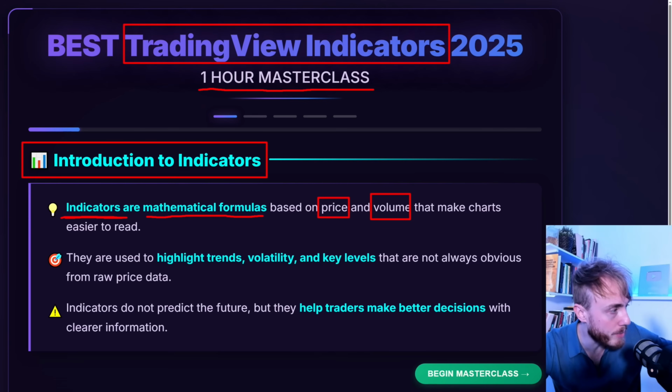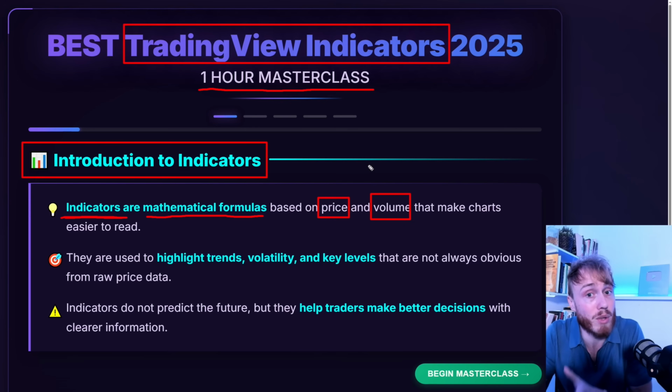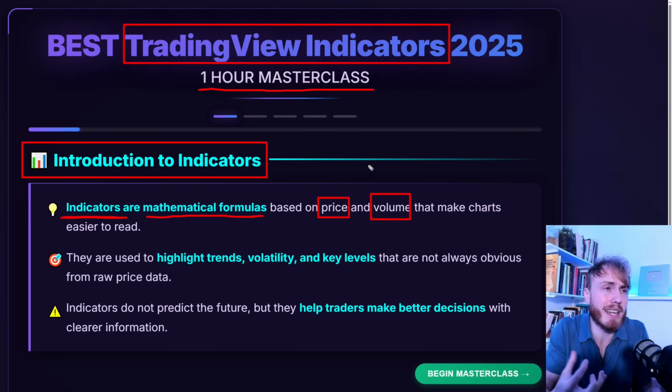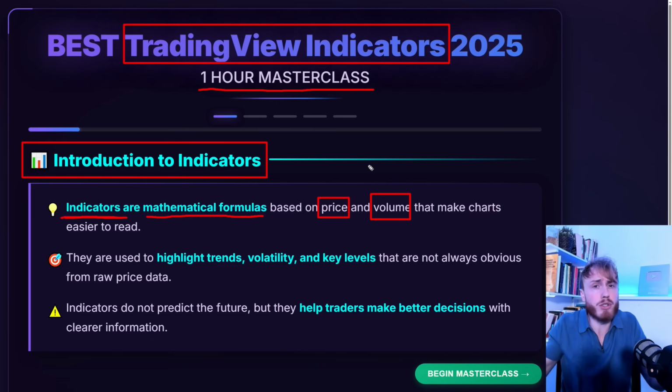This is one important thing that you already need to have in mind. The reason we are using indicators is to make the charts easier to read and to make it easier to do our technical analysis. If we use indicators and the charts become more complicated, that is no good reason to use indicators. We want the indicators to help us with a more clear technical analysis.